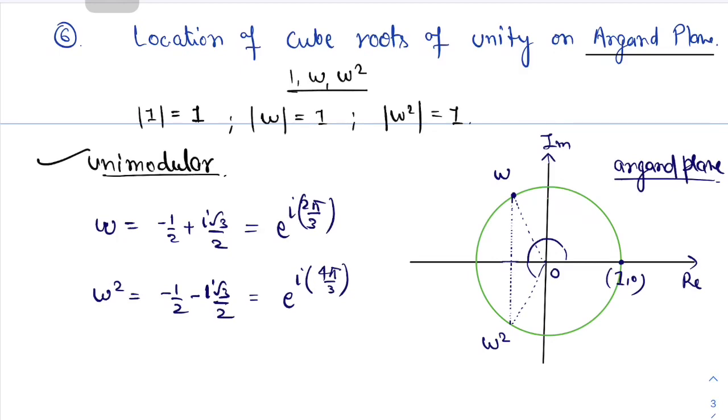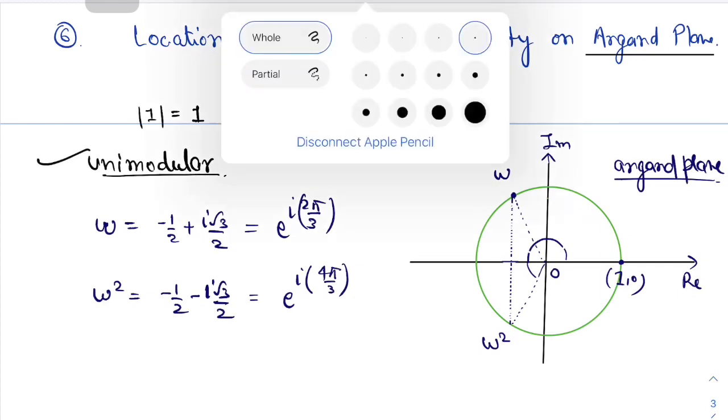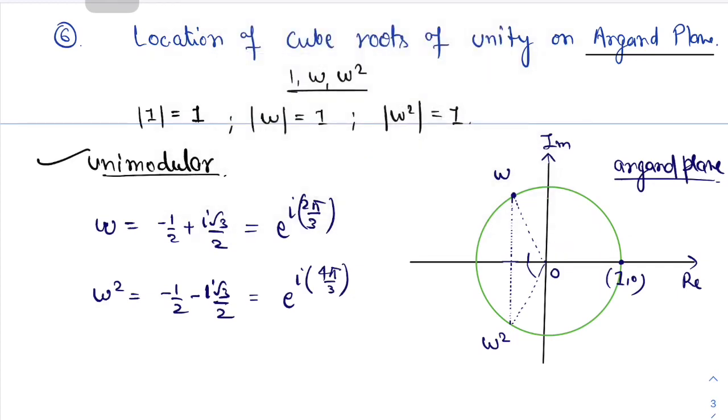So these two are the complex cube roots of unity, that is omega and omega square. This is omega. Omega is in the second quadrant, omega square is in the third quadrant, and the real one, that is 1, is on the real axis.